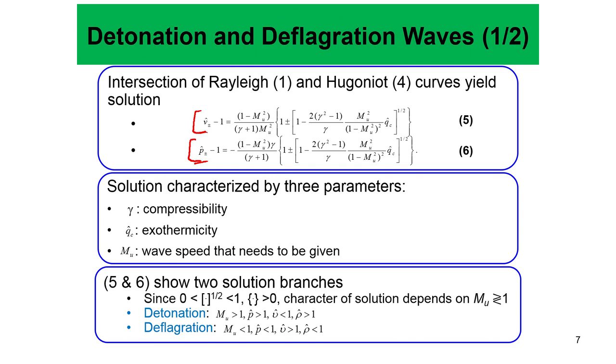First thing is, you see this part: for this equation to be true, this part should be less than 1, because it has a power of half. For it to be real, this part has to be less than 1. If this part is less than 1, then 1 minus this part is positive.